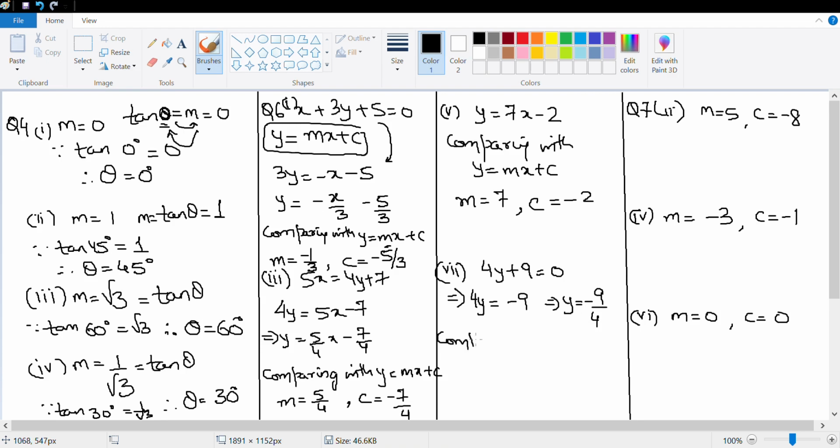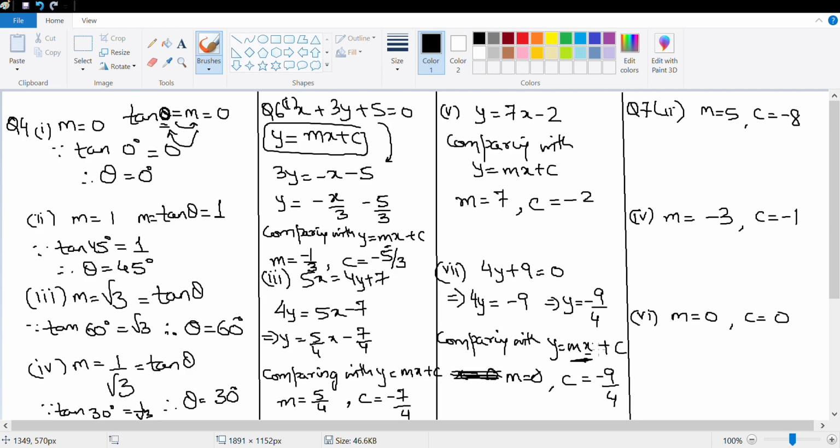Now comparing with y is equal to mx plus c, I do not have a variable of x, which means it is independent of x, which means m is equal to 0 and c is equal to negative 9 by 4. So my slope is 0 because there is no variable x here, and c is negative 9 by 4.